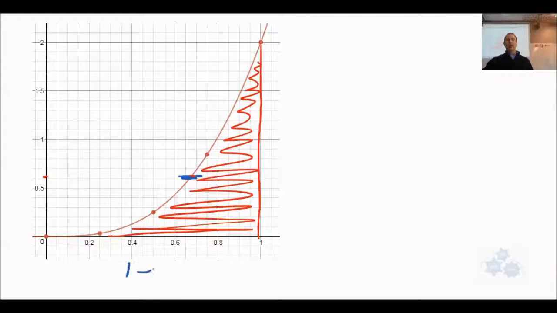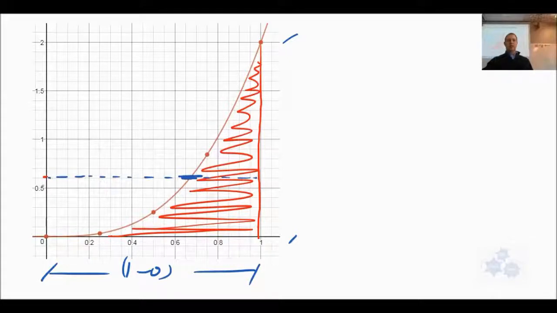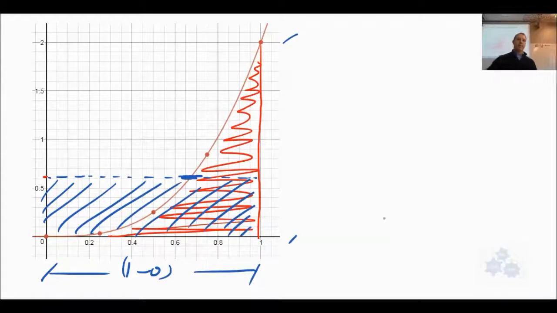So if this is 1 minus 0, from here to here, and this is our height, we're not talking about a triangle anymore, but if we use this average value of a function, this would give us the rectangle that has an equal area. So, think about that.